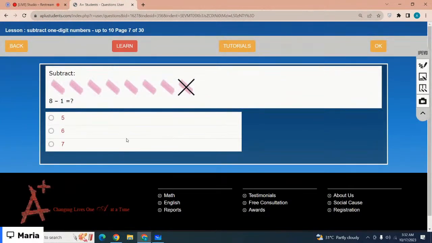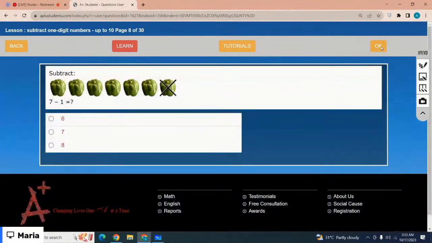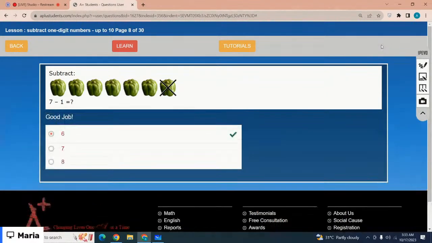Yes, that would be 7. Okay, 7 take away 1 equals. Yes, you have to count the ones that are not crossed. So 7 take away 1 equals 6. The correct option is 6.